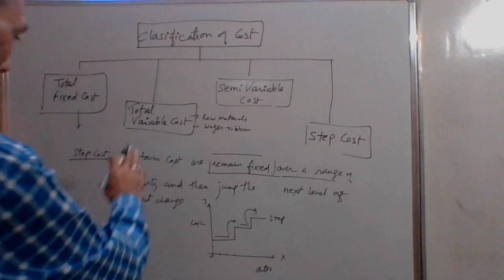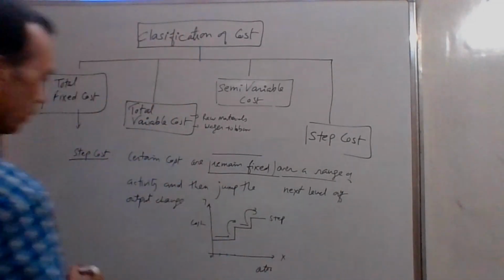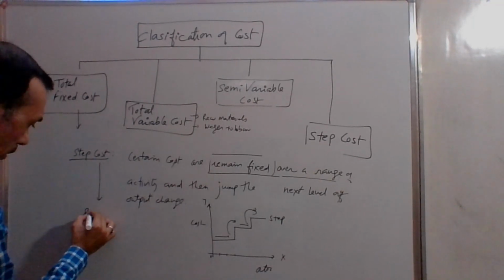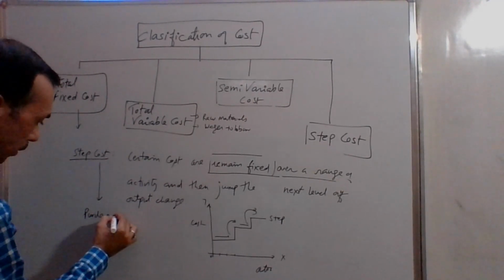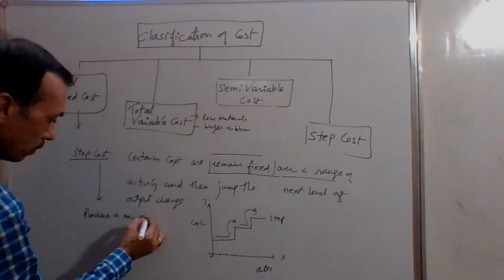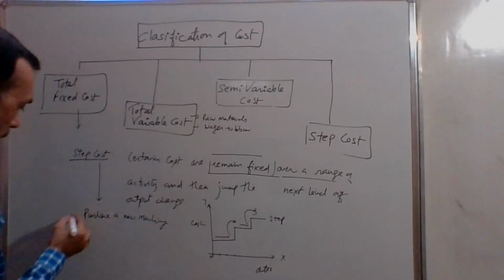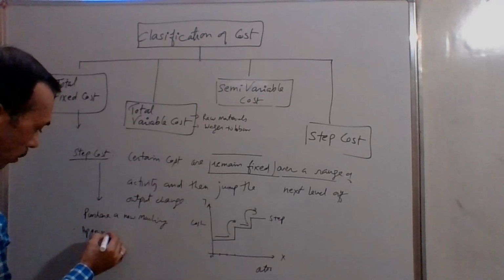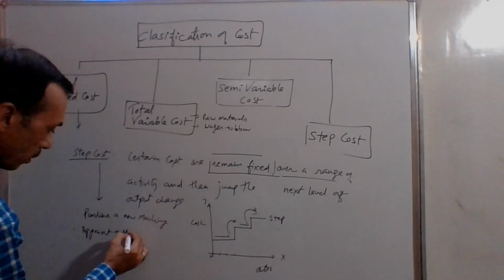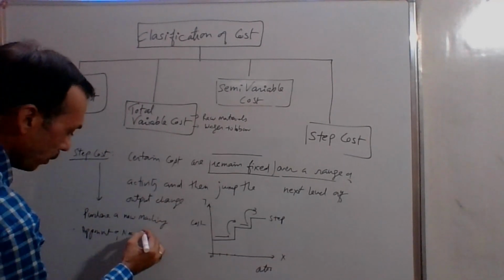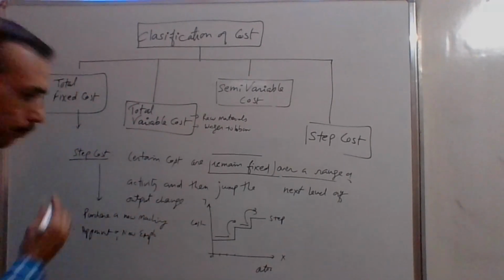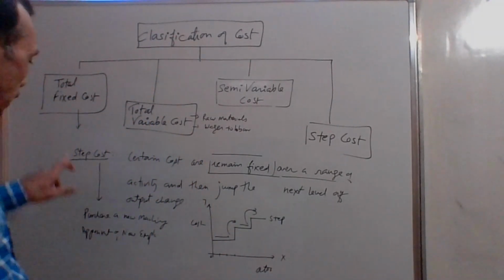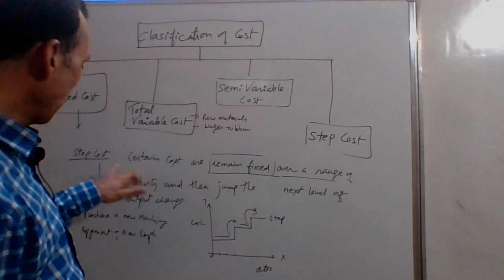Examples of step cost are purchase of new machinery or appointment of a new employee, say a foreman. These are examples of step cost.